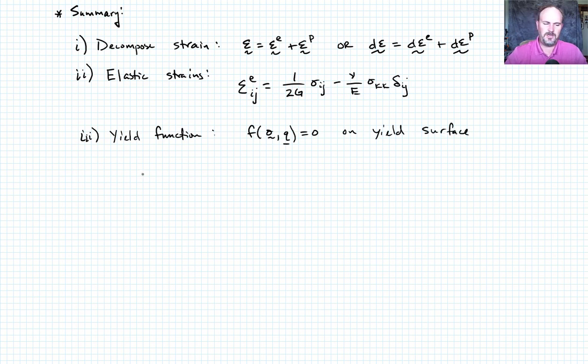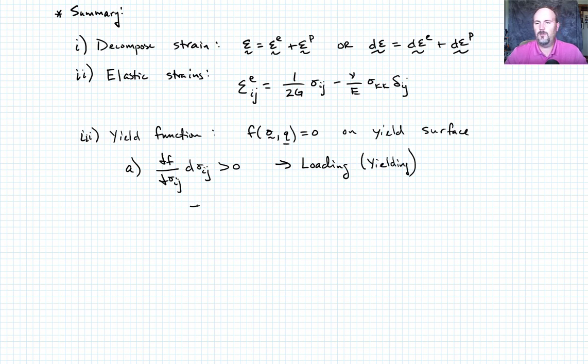Okay, and we had a couple conditions. When the partial of F with respect to sigma ij times the stress increment d sigma ij is greater than 0, we said that that's loading, or it's maybe yielding.